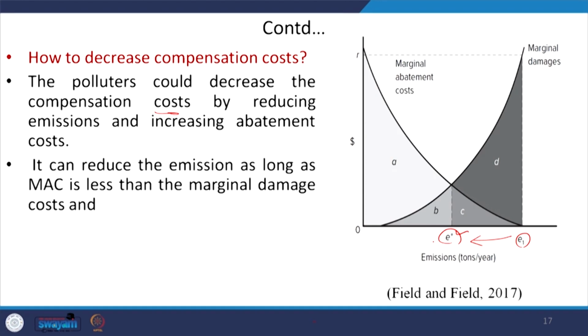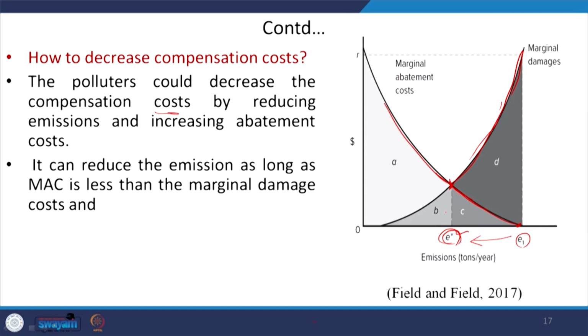It can reduce emissions as long as the marginal abatement cost is less than the marginal damage. So, this portion is where the marginal abatement cost is less than the marginal damage.